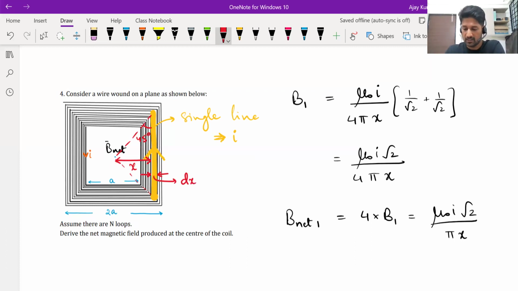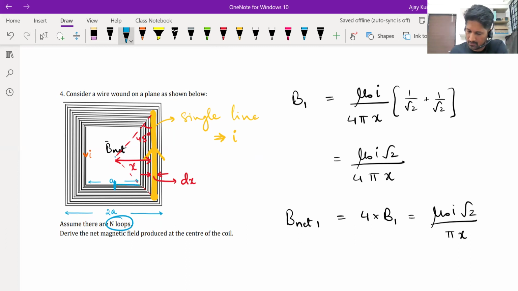Now still, how to get di into that? Each wire has a current I, and you are given in the question that there are n loops, meaning on each side of the frame there are n wires. N wires are placed within what distance? Now see, that inner side is a, that means half of it is a by 2.